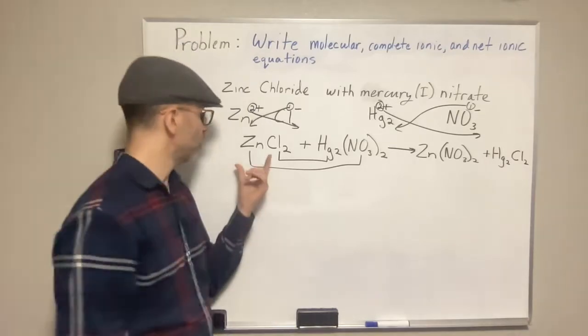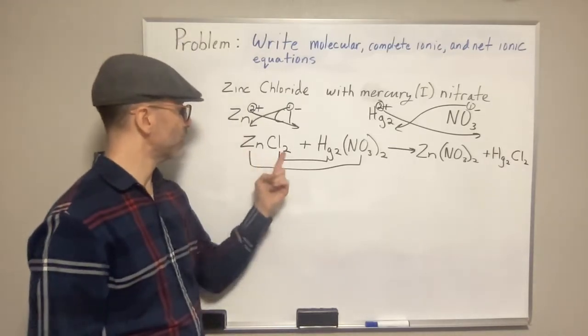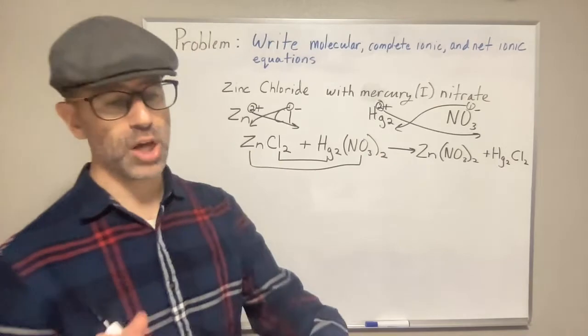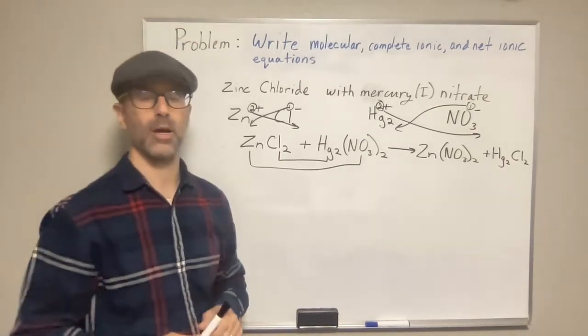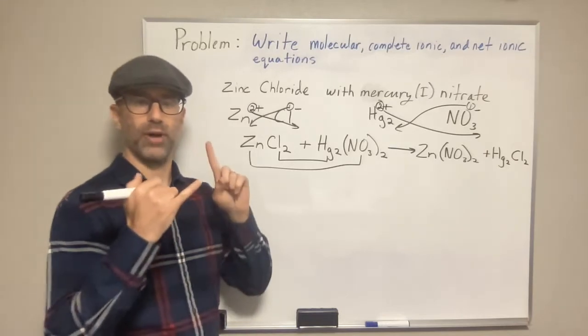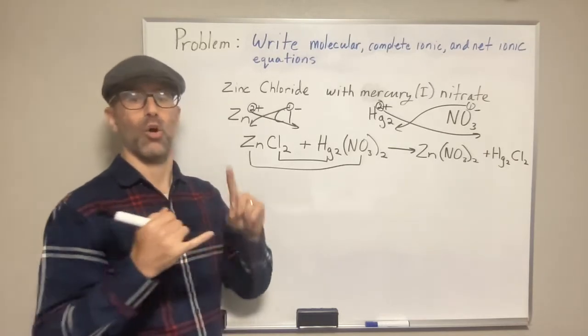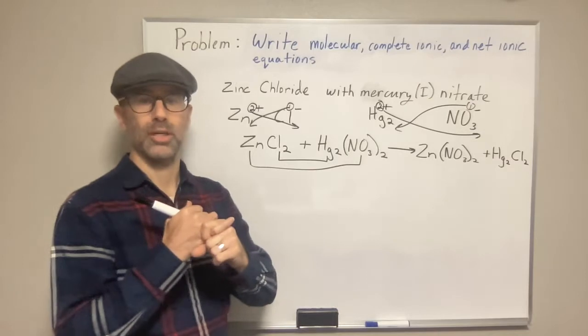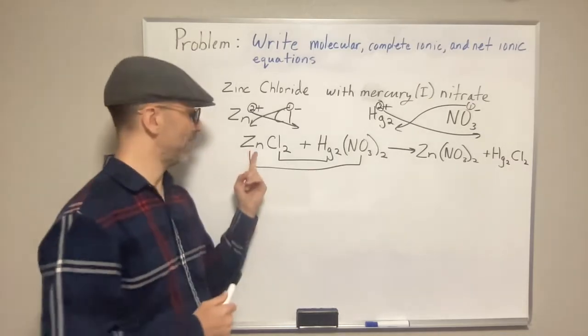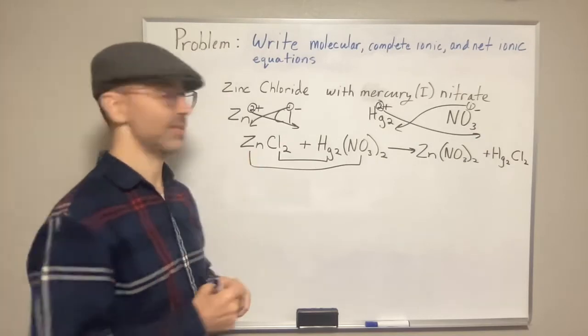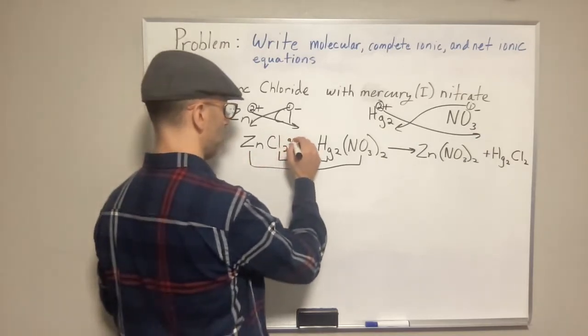So let's look at zinc chloride. According to the solubility rules, all chlorides are soluble except when you have silver, lead 2 ion, or mercury 1 ion. We only have zinc here, so this is soluble, so it's aqueous.